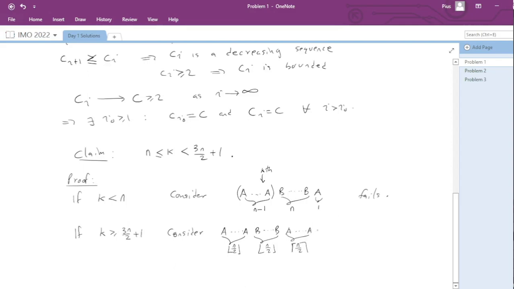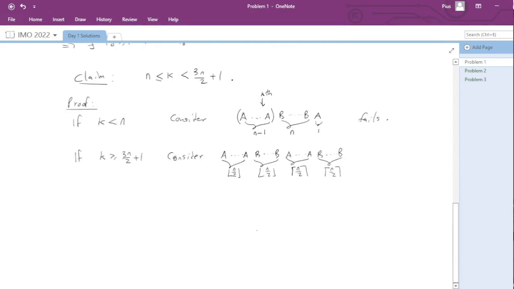So we have the ceiling and the floor of n over 2. Okay, so we want to show that if we have this, then this will also fail, meaning we never get to achieve a string of n at the leftmost end.